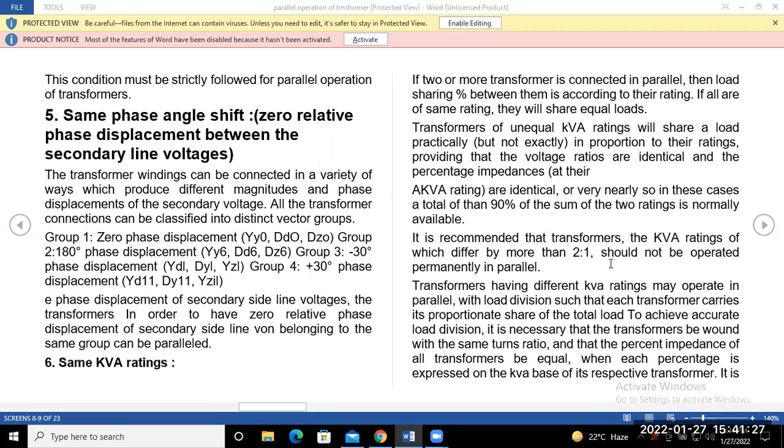Transformers having different kVA ratings may operate in parallel with load division such that each transformer carries a proportionate share of the total load. To achieve accurate load division, it is necessary that the transformers have the same turns ratio and that the percent impedance of all the transformers be equal, when each percentage is expressed on their per unit kVA base.